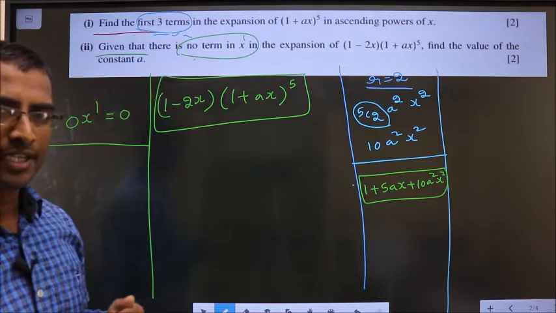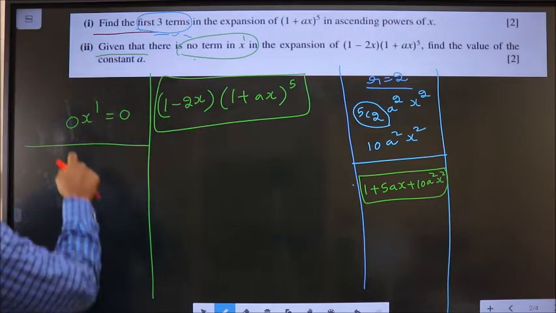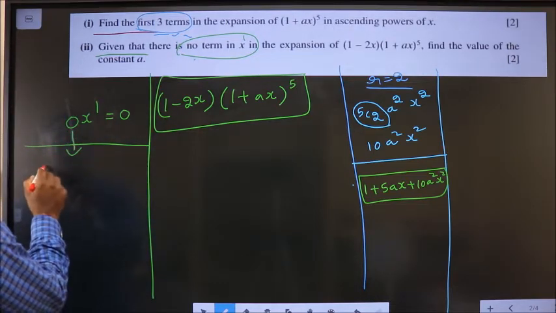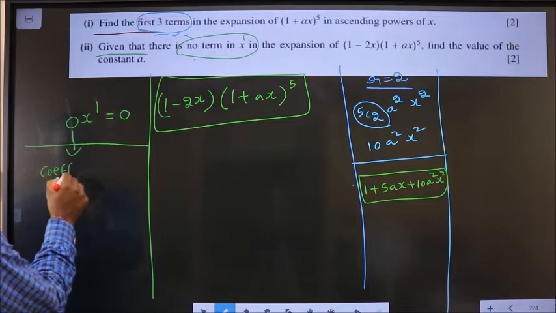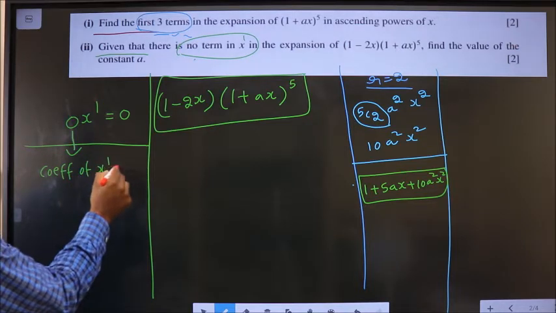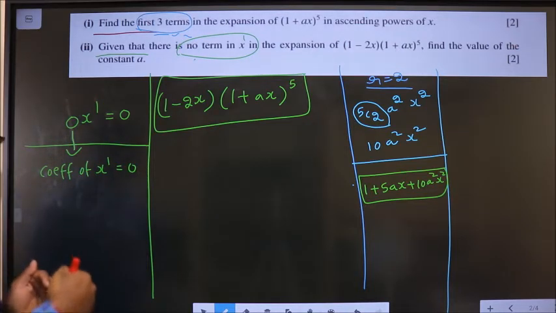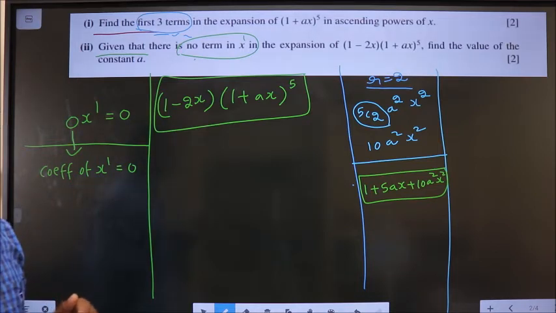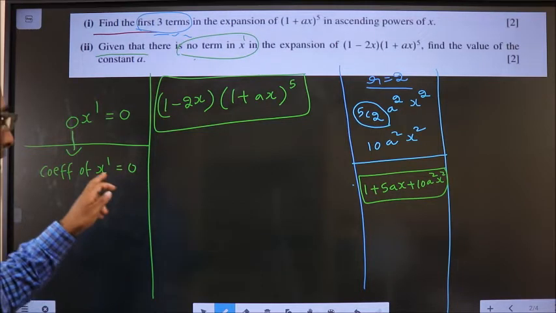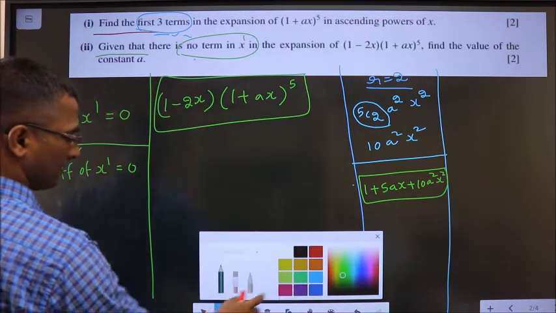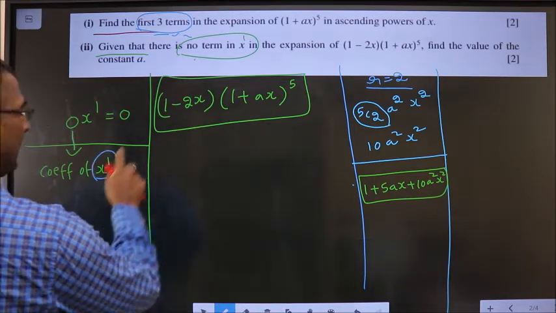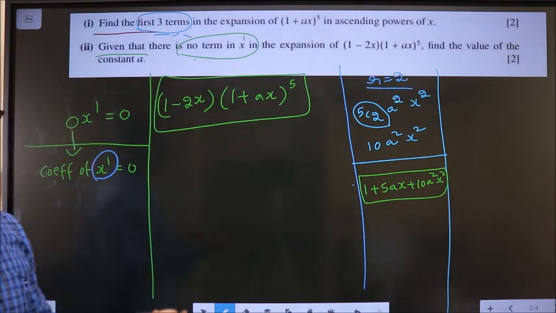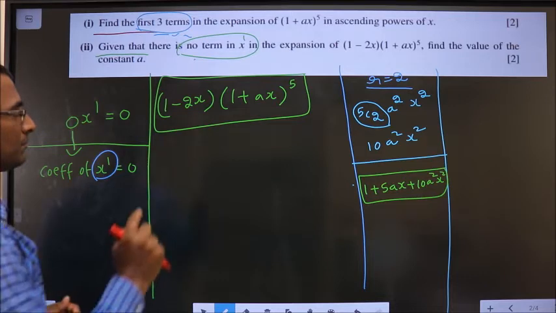From that, the conclusion I got is that the coefficient of x power 1 should be 0. If the coefficient is 0, automatically the x power 1 term will not be present in the expansion. Clear with the conclusion? Okay. So now I need to find the coefficient of x power 1 in this.